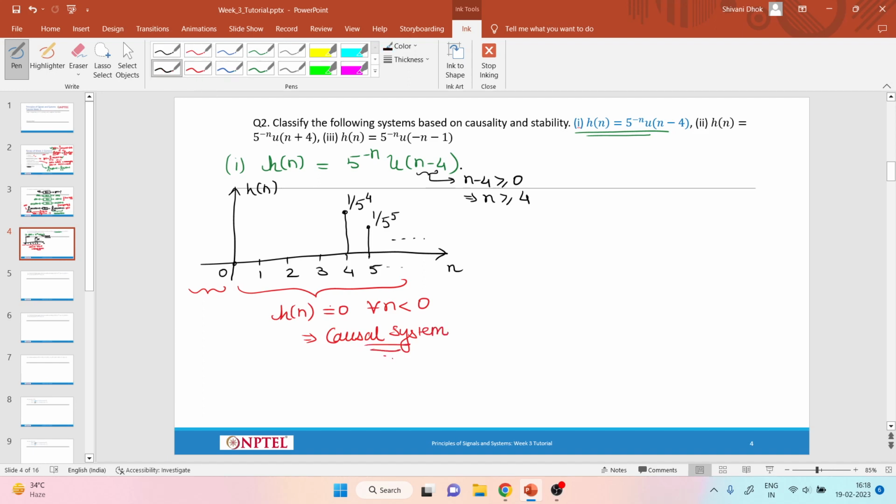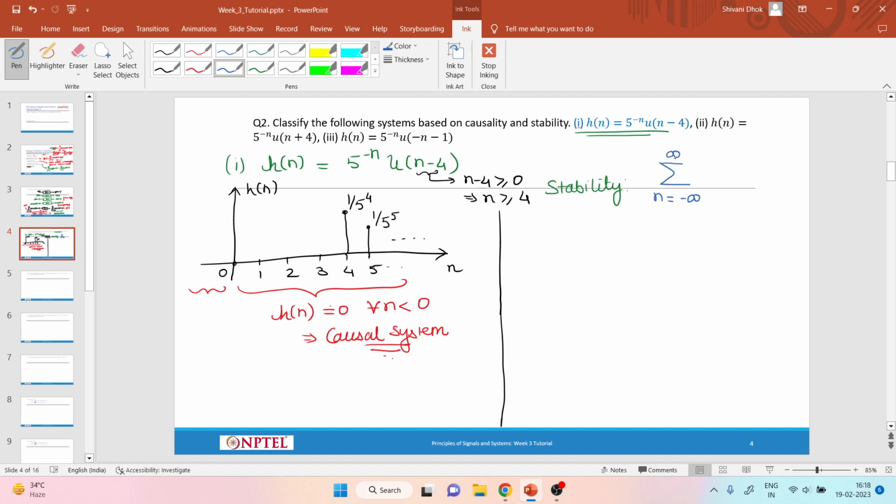Now let us look at stability. So a given system is stable, it is BIBO stable if my impulse response is absolutely summable.